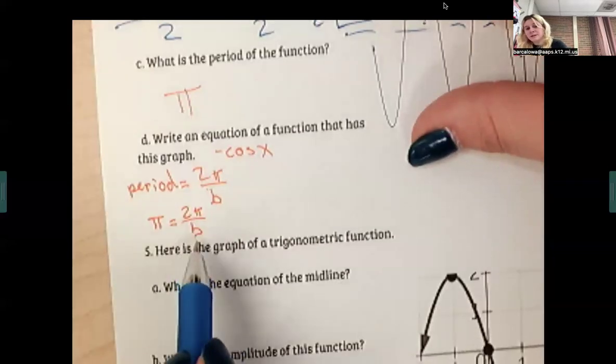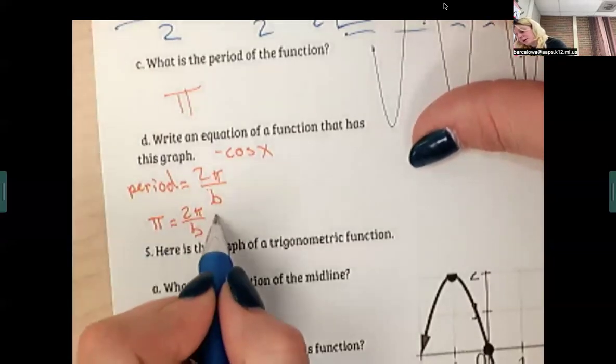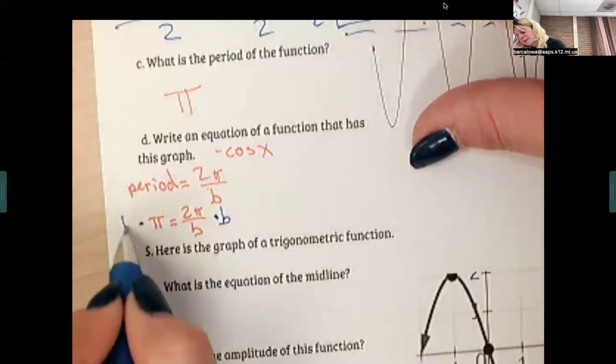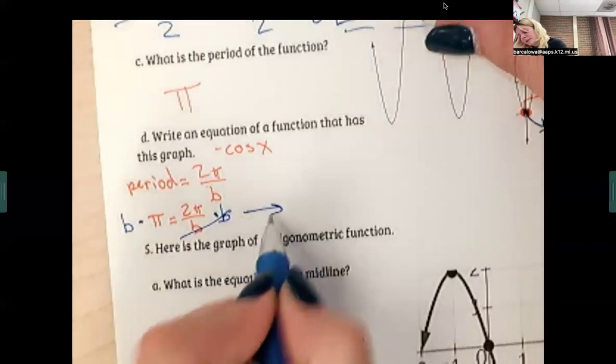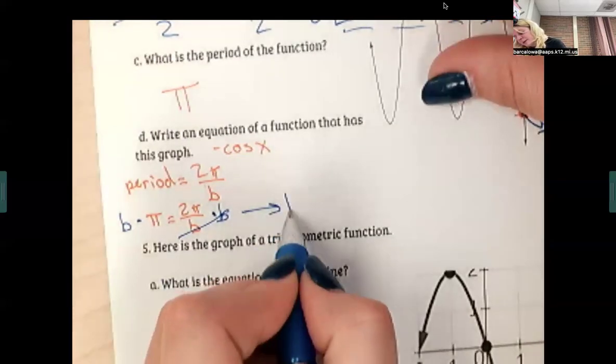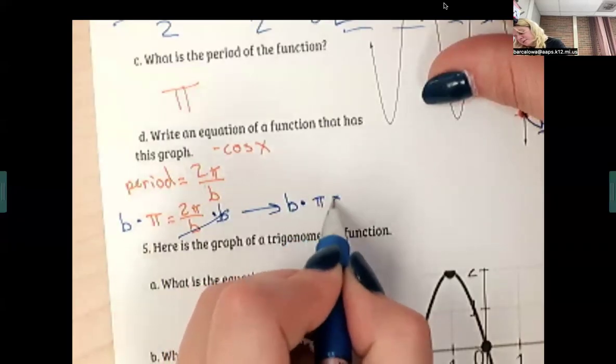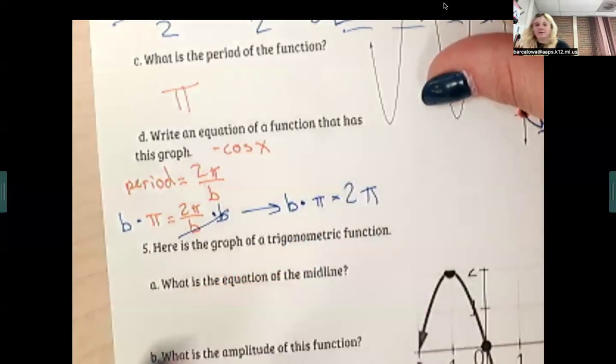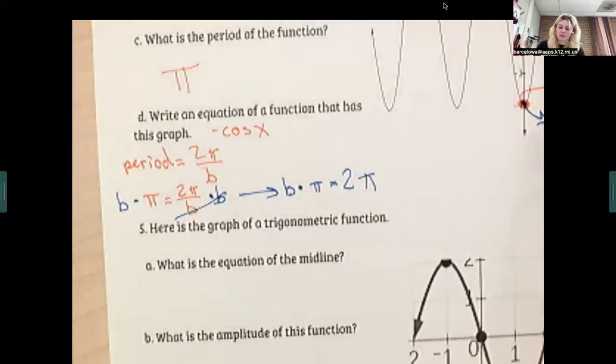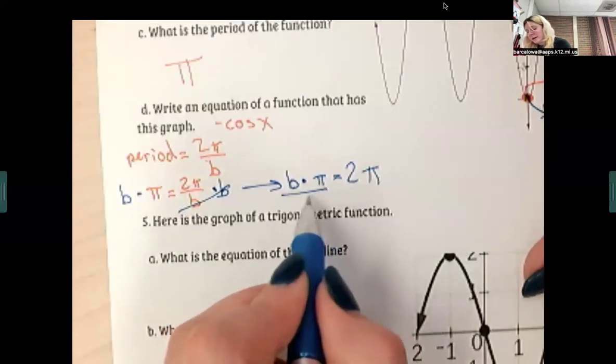So I have dividing by b right now. So to undo division, we multiply. All right. So now I have b times pi equals 2 pi. All right, well, b is not on its own yet. So I'm going to divide by pi.